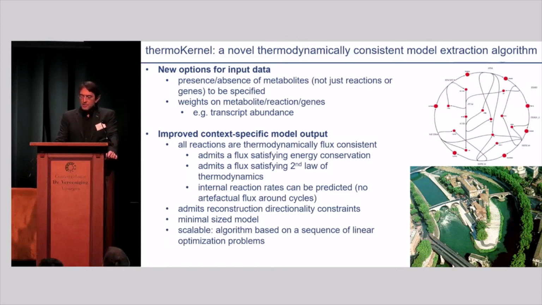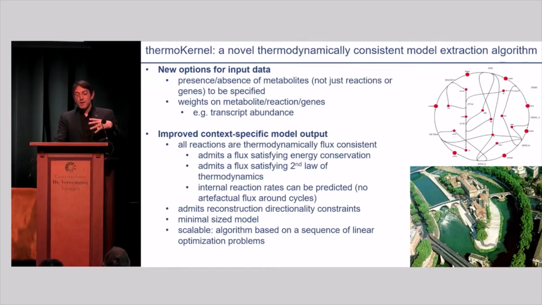But some metabolic network prediction algorithms will predict flux going around in a cycle around these things, which is thermodynamically infeasible. It would be equivalent to a river with an island in it, where there would be water flowing around the island, which you never see. So we wanted to make sure that we have a network that had none of these cycles in it. So basically, they're structurally there, but what can happen is you bounce.